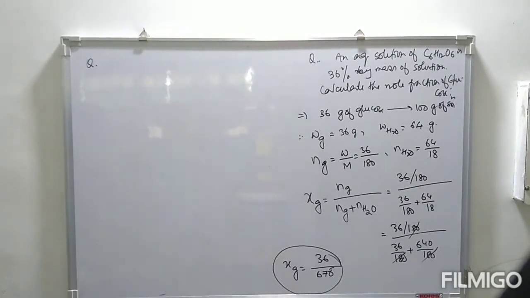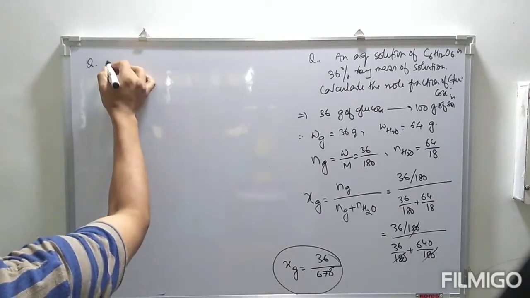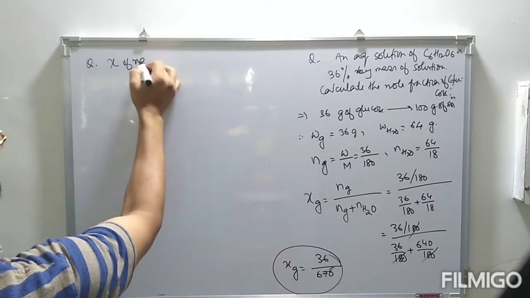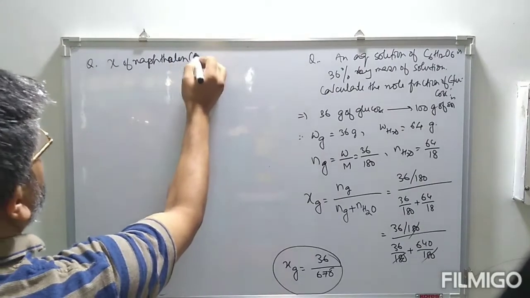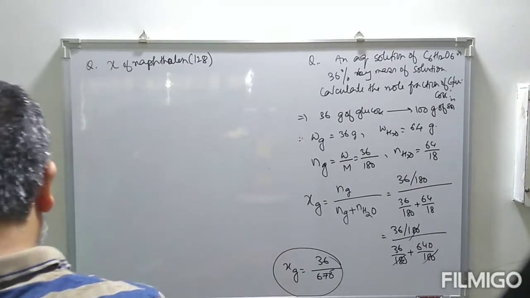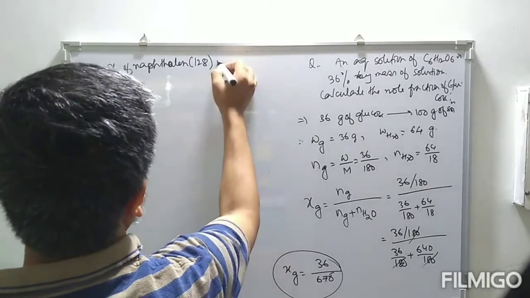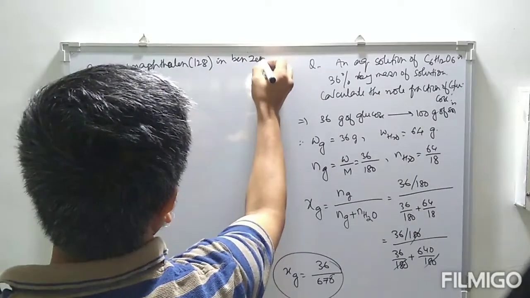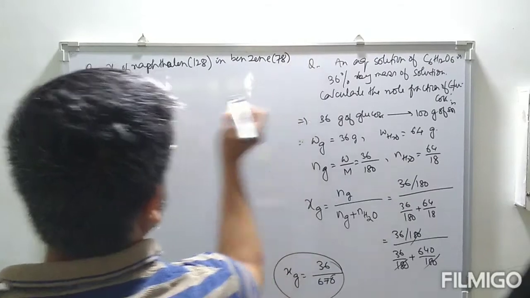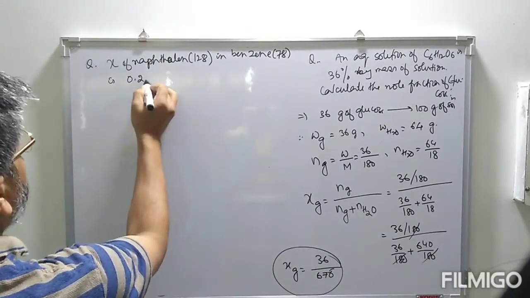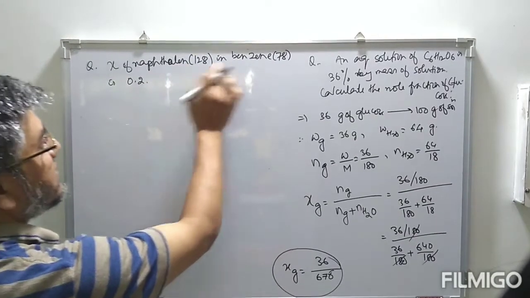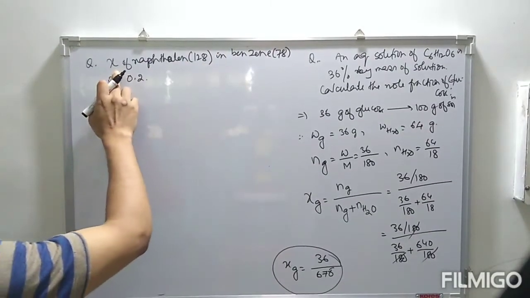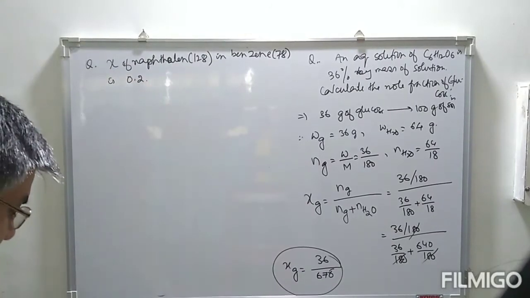Question says, mole fraction of a compound known as naphthalene, molecular mass 128, in benzene, molecular mass 78 is 0.2. So we have a mixture of naphthalene and benzene. Molecular masses are given. Mole fraction of naphthalene in the mixture is 0.2.